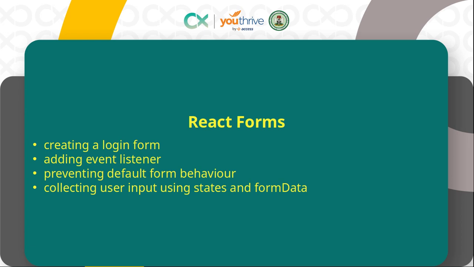Then I used another third-party package called Yup, which works very well with Formik to validate my form even before I collect the data, so that the data will be in the right format before I send it to the backend. All of those I explained in that video.